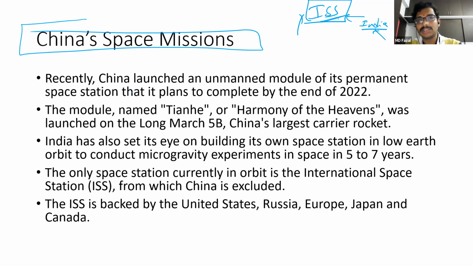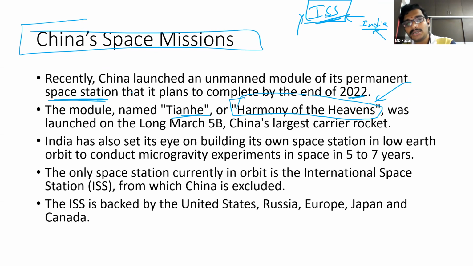We have the International Space Station, which is roaming around the Earth. Astronauts are there now. China is building its own space station. The name of that station is Tianhe, or Harmony of the Heavens. Harmony of the Heavens was recently seen in news because they want to target it by this year end.